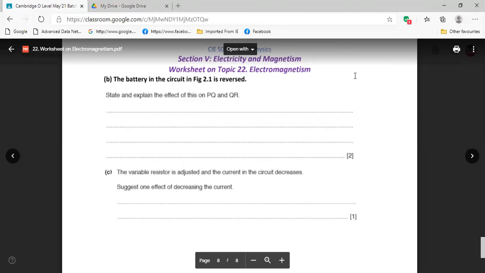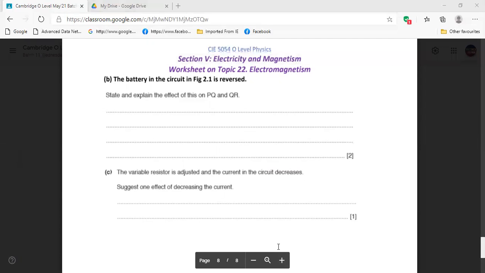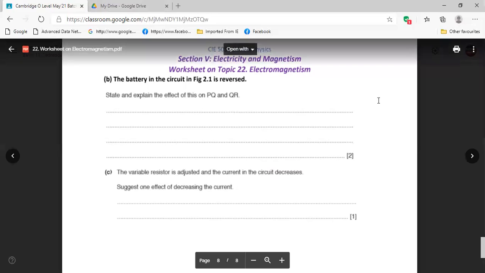So what will be the effect of decreasing the current? Weaker magnetic fields. So the force will decrease, right?